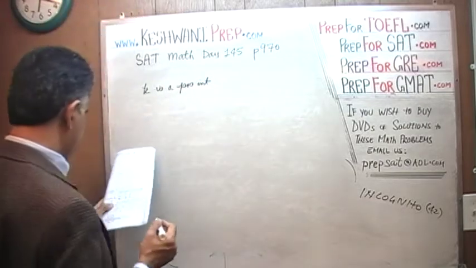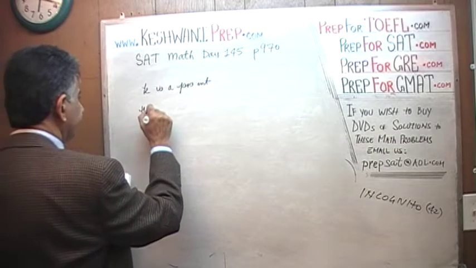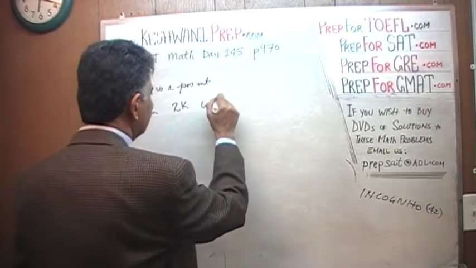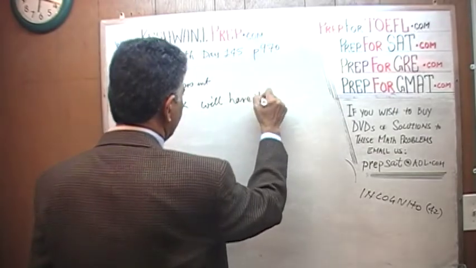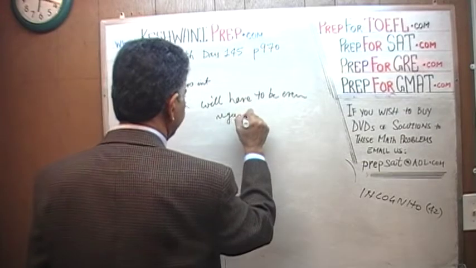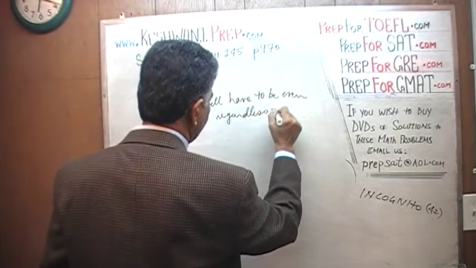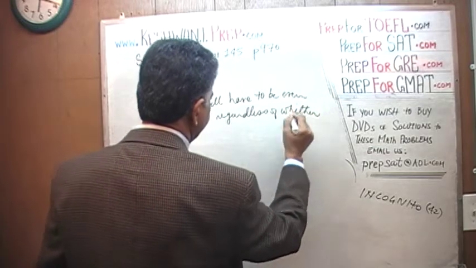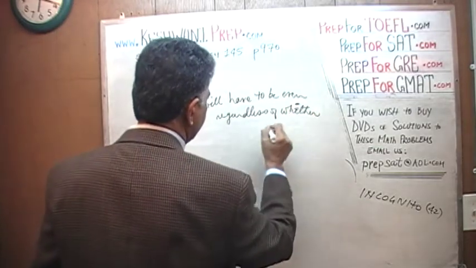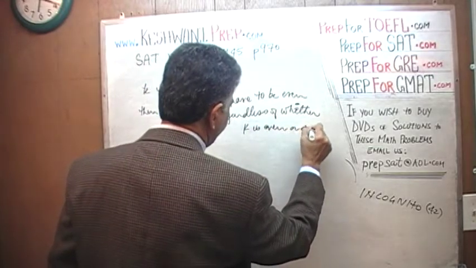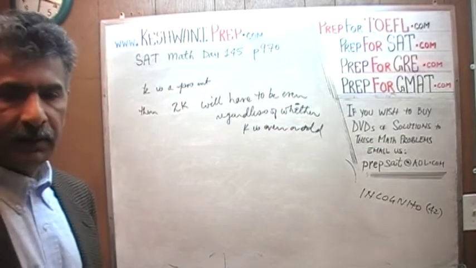If k is a positive integer, then 2 times k will have to be even, regardless of whether k is even or odd.